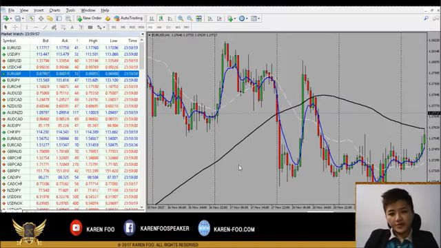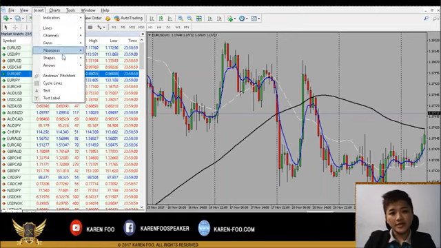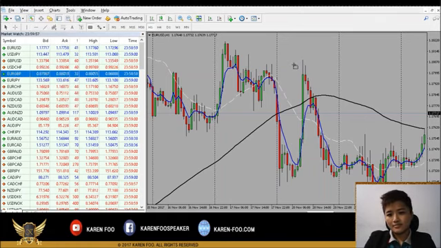So if I open a euro dollar chart, to give you an example, okay? If you look at this portion right here, it's pretty volatile. If you look at this particular candlestick, okay, this red one right here, although it looks like it is above the 100 SMA, in actual fact, it is still below the 100 SMA trend. And again, you realize that every time the candlestick detaches from 5 EMA, it has to come back down.